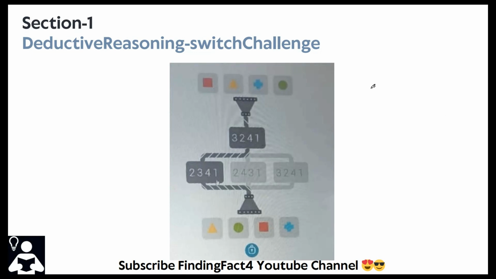So we have given 1, 2, 3, as well as 4. After performing this switch as 3241, we get the newly generated as plus, triangle, circle, and square.